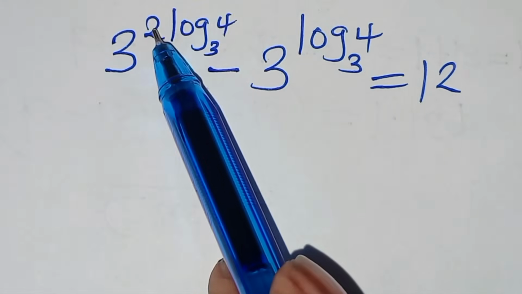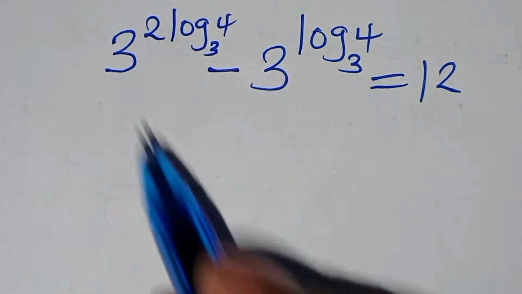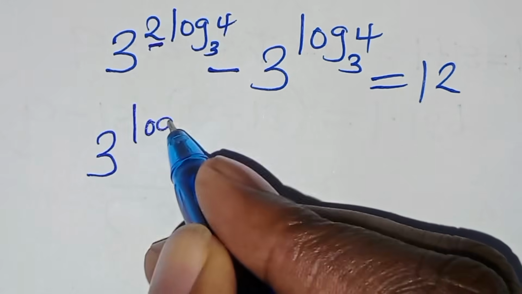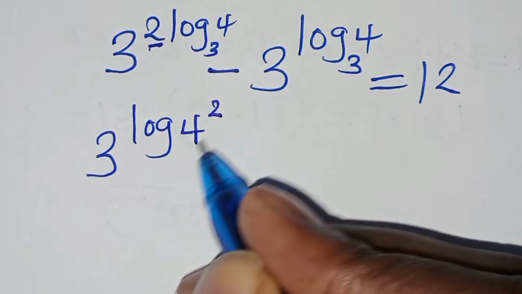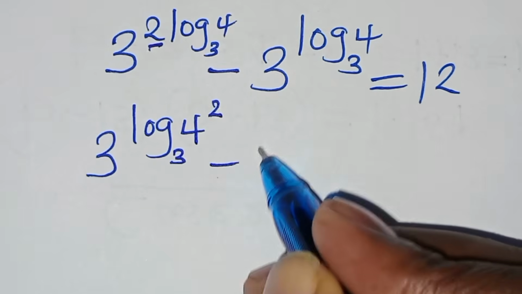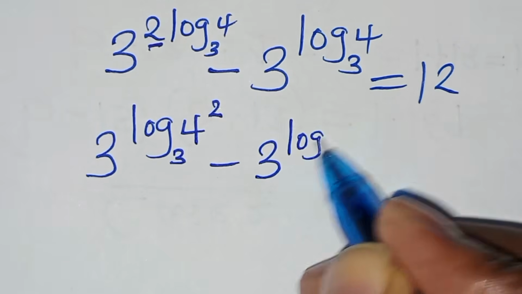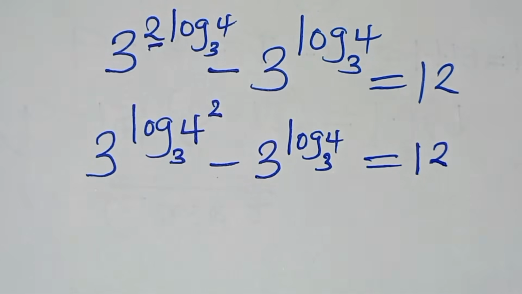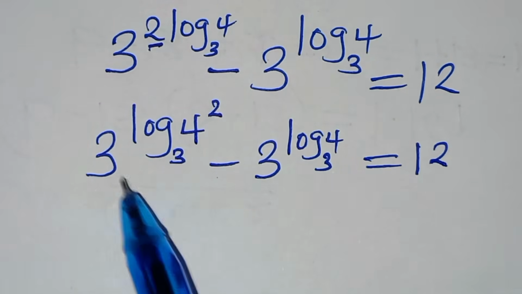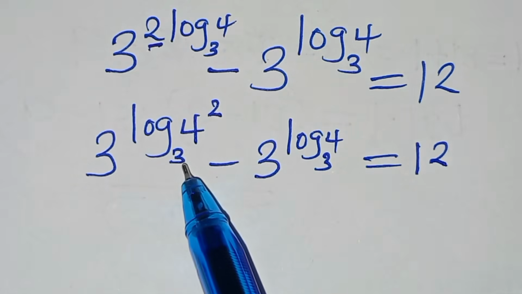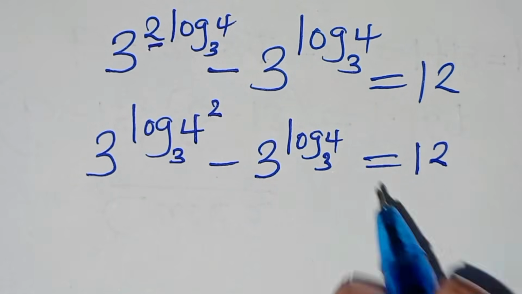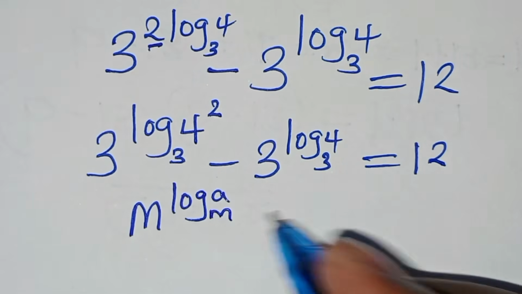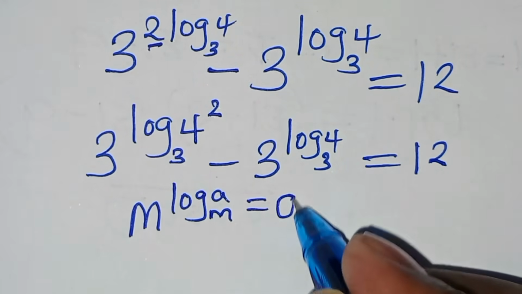So this is 3 to power 2 log 4 to base 3. This is the power. We can express this as 3 to power log 4 squared to base 3, subtract 3 to power log 4 to base 3. This is supposed to give us a value of 12. Now, you find that 3 to power log 4 squared to base 3 and 3 to power log 4 to base 3 are in the form of m to power log a to base m, and this is supposed to give us a value of a.